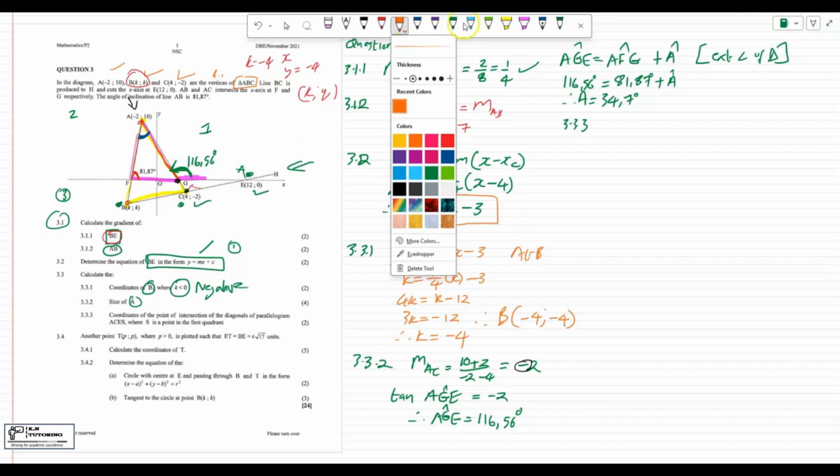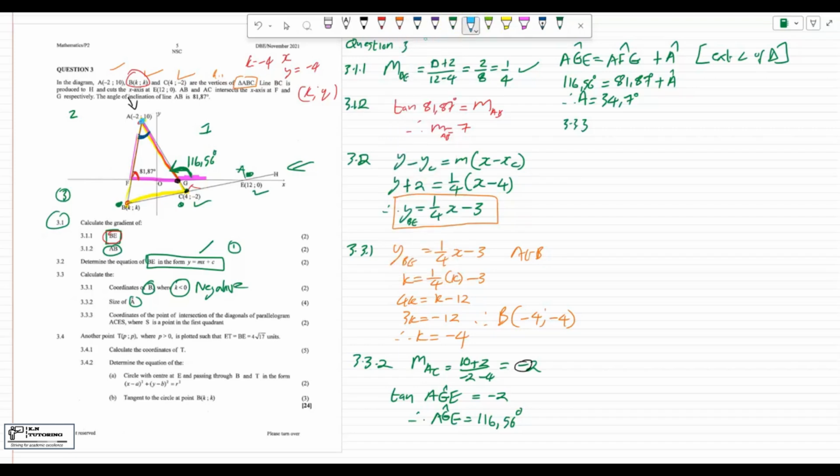So I'm going to take light blue and say A, C, E, S should be in the first quadrant, so it's likely going to be a point somewhere there.